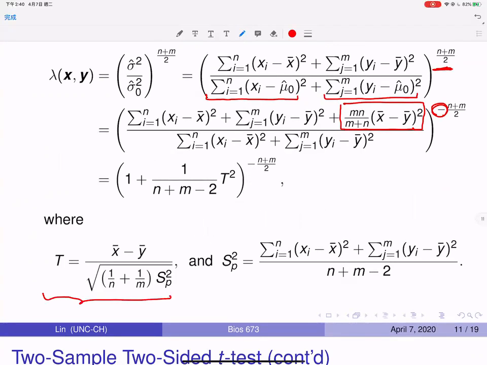Then the definition of the t statistic: x bar minus y bar divided by really weird things in the denominator, especially the so-called pooled piece, the pooled standard deviation or pooled sample variance.